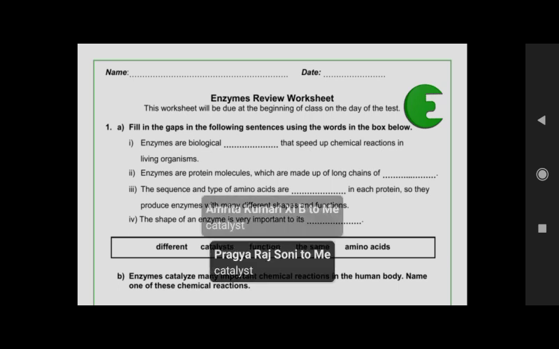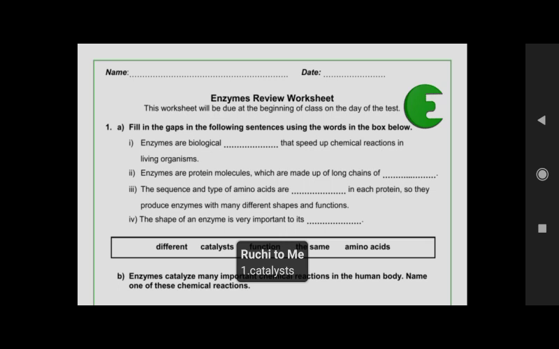As I planned, today we will do the first and second question. The image one you can continue in our next class. The enzymes are biological catalyst. Very good, that speed up the chemical reaction in the living organism. Yes, catalyst. Correct. All of you have given the correct answer.